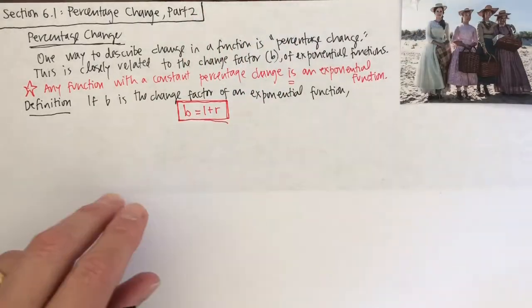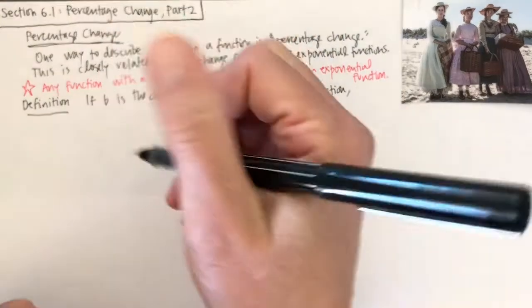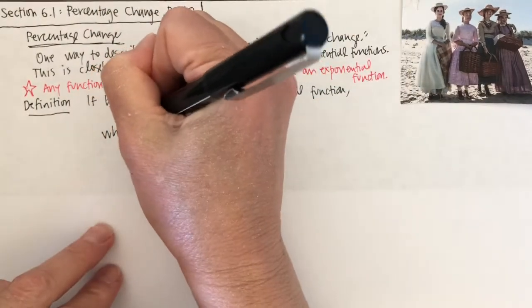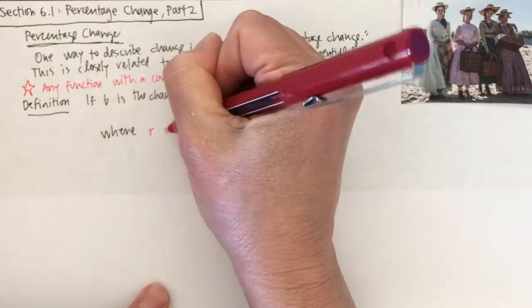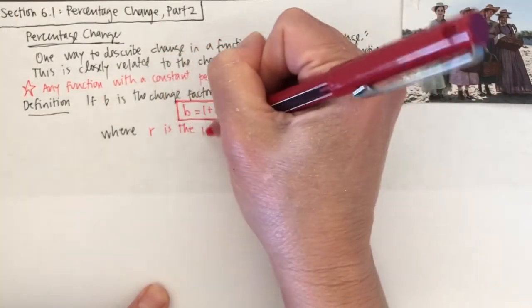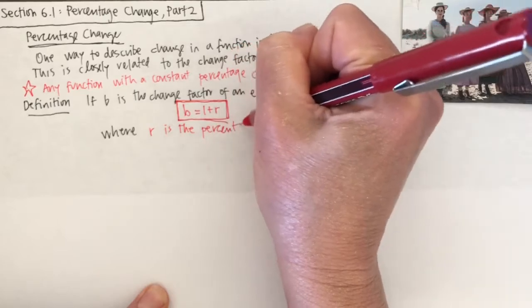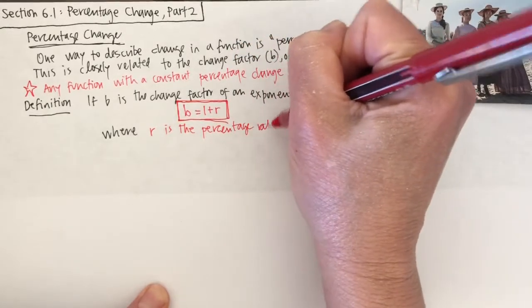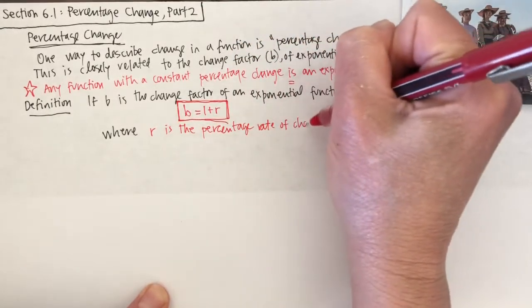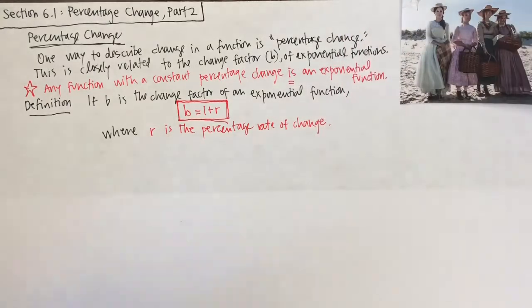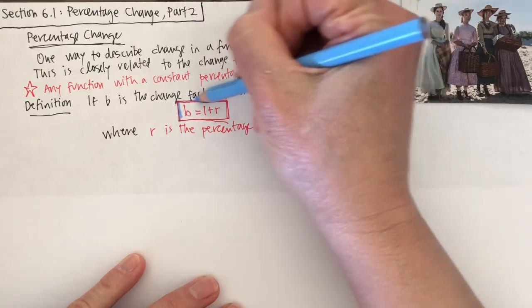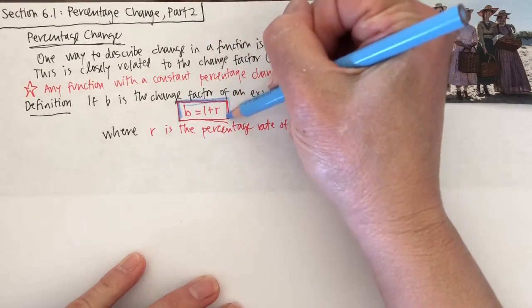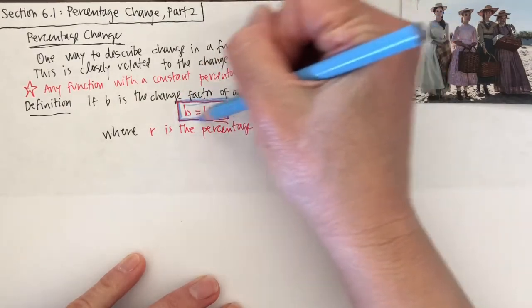So B equals 1 plus R, where R is the percentage rate of change. So B equals 1 plus R is kind of important here.